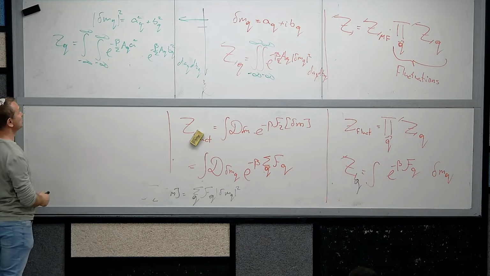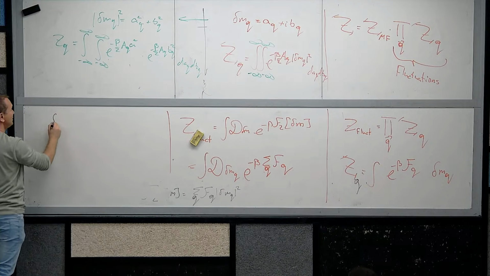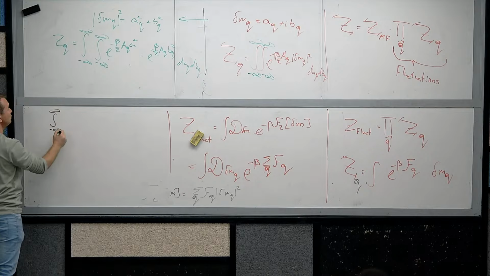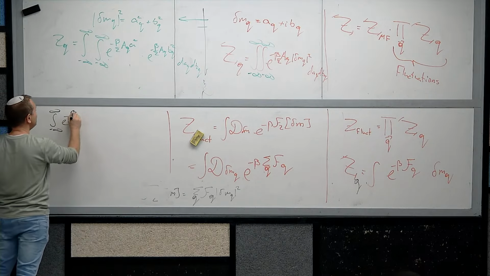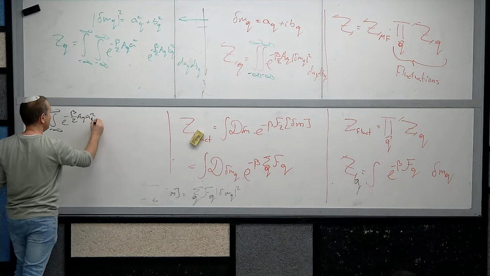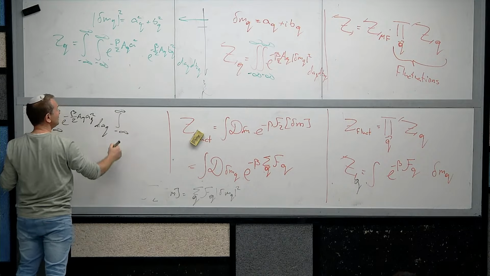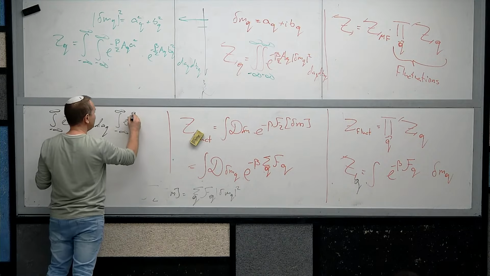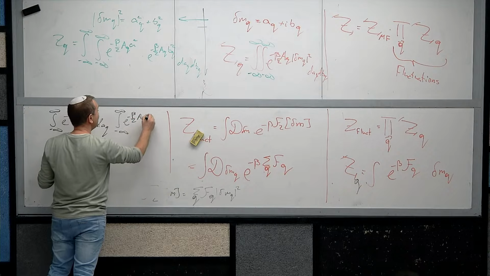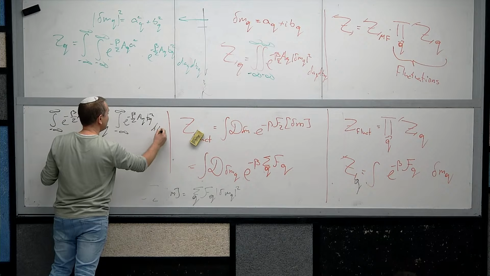What is the computation of Z of Q? So we have an integral from minus infinity to infinity of e to the power minus beta divided by 2 A_Q delta m_Q squared, multiplied by an integration from minus infinity to infinity of e to the power minus beta divided by 2 A_Q delta m_Q squared.